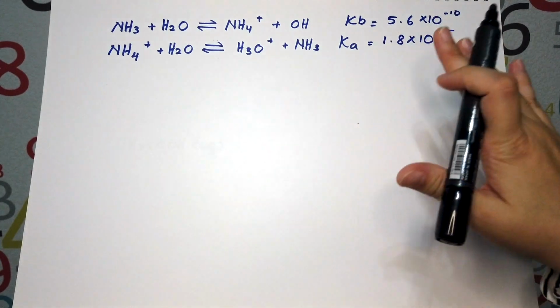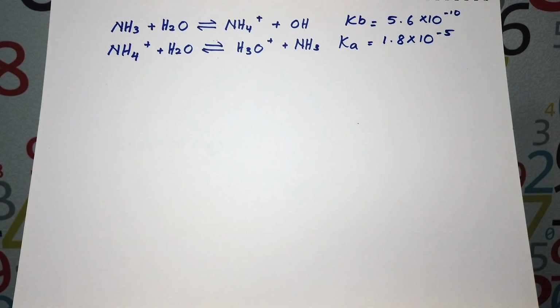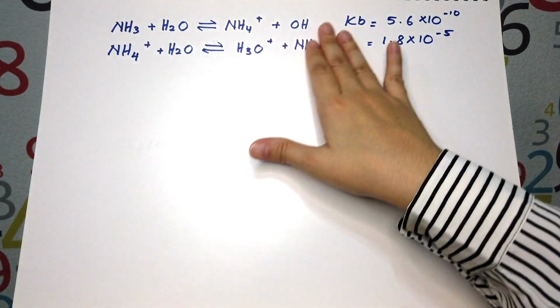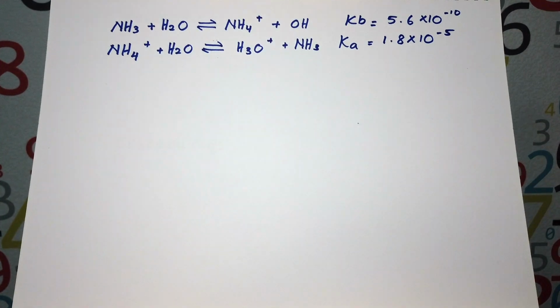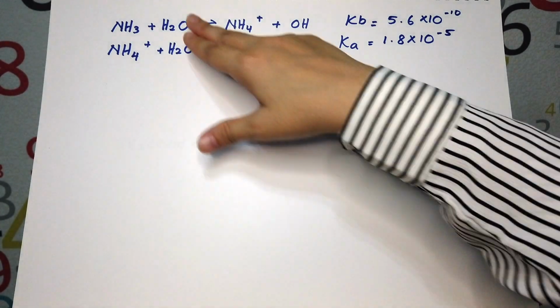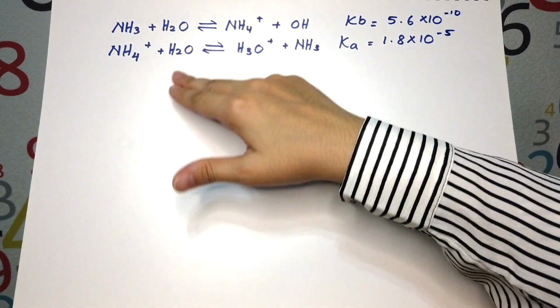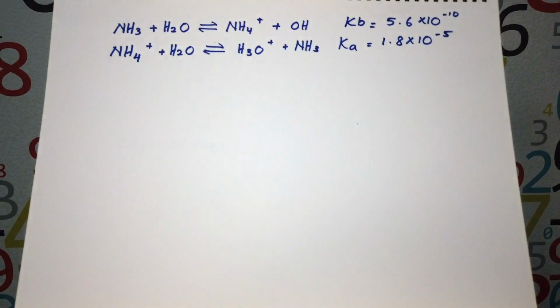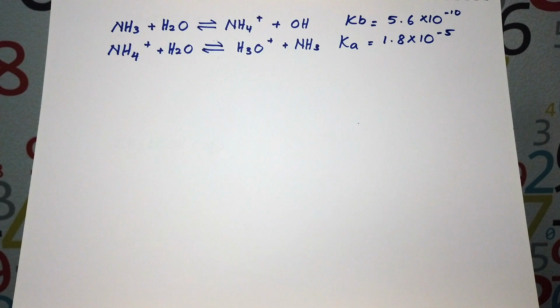When you want to calculate your Kb or Ka, you look at whatever is in the product divided by whatever is in the reactant. And you have to bear in mind that when you calculate your Ka or Kb, you do not use the value of H2O. H2O will not be involved in the calculation of Ka or Kb.